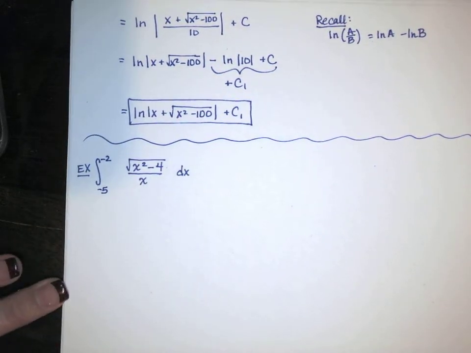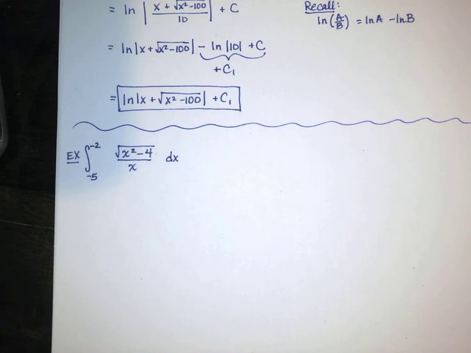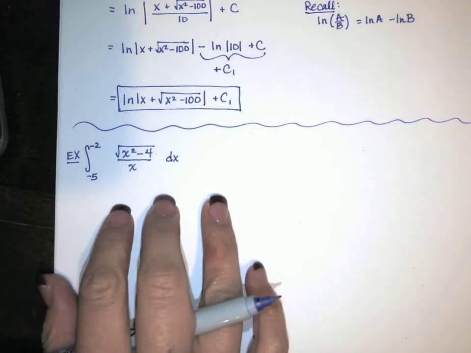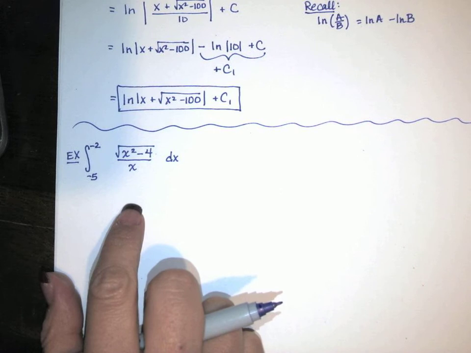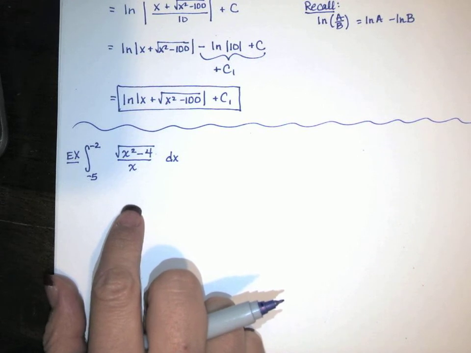Now this is not going to be a pretty answer because this is just a problem that I made up, but with this answer we're going to be able to practice choosing the right form of the square root of a squared minus x squared.